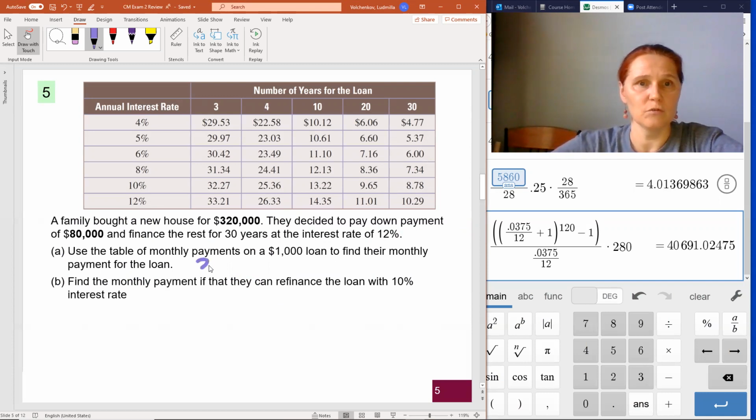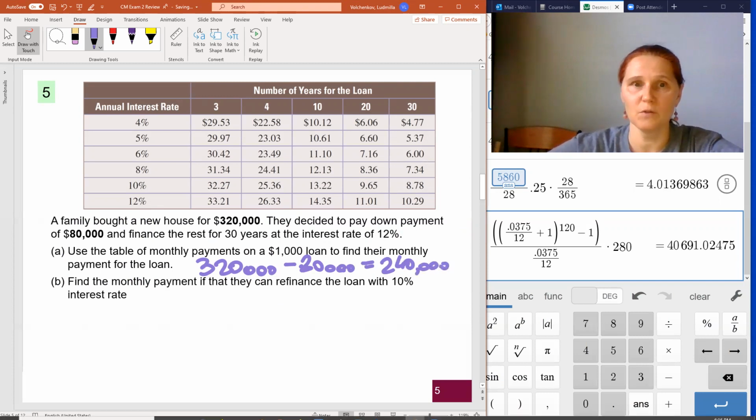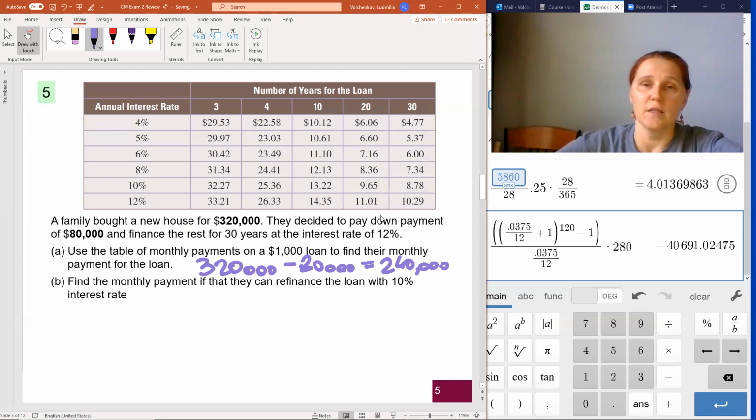So the house, $320,000 minus the down payment, $80,000, is $240,000. This is the amount of the loan. The table gives the regular payment for 1,000. The regular payment for 240,000 will be this value multiplied by 240. Let us find the payment for 1,000.